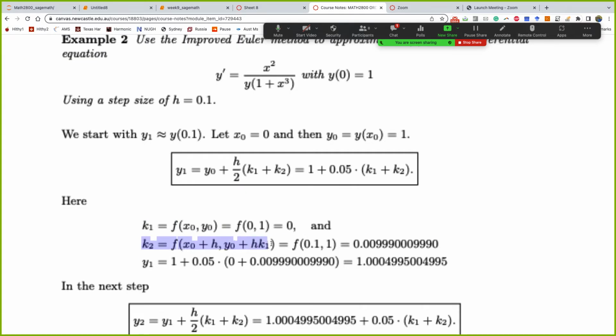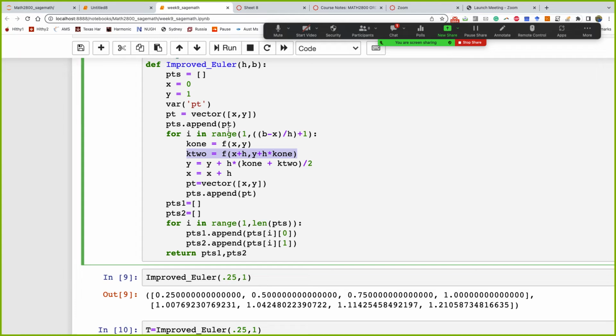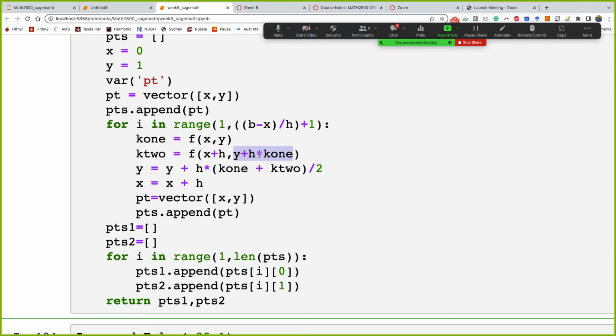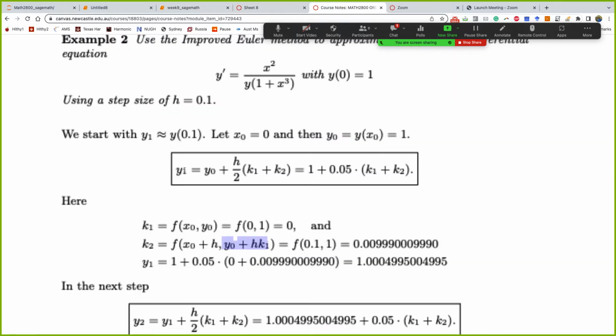k2 is f of x0 plus h, y0 plus h times k1. Now here, with using these two auxiliary functions, y will be this one. I'm writing this one.